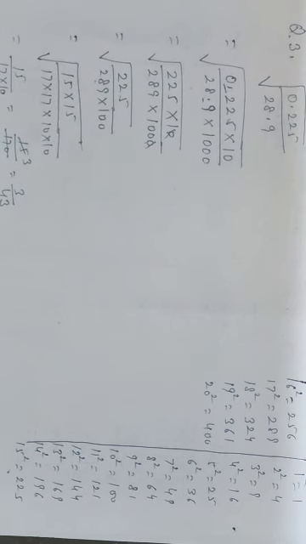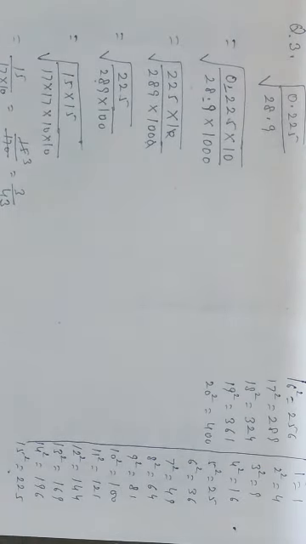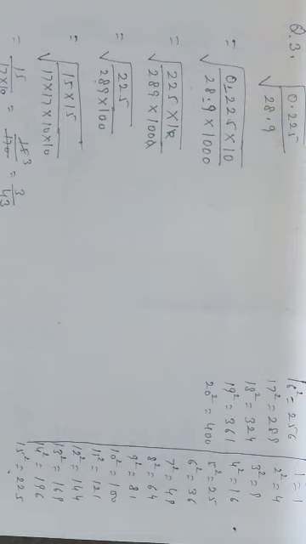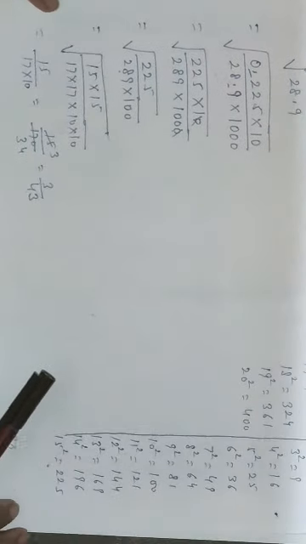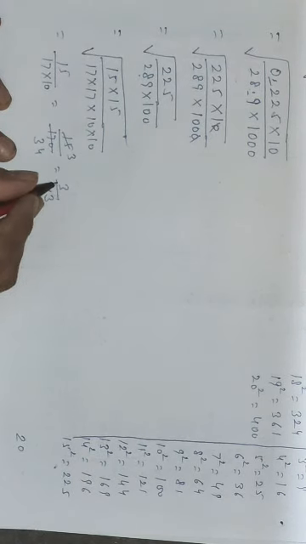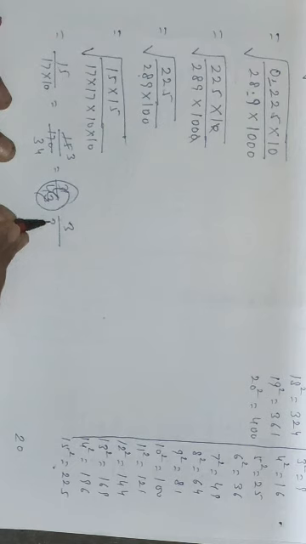So this is how we will solve if we have both decimal numbers in the numerator as well as in the denominator. Remove the decimal from both the sides. Okay, it's 34. 3 by 34.